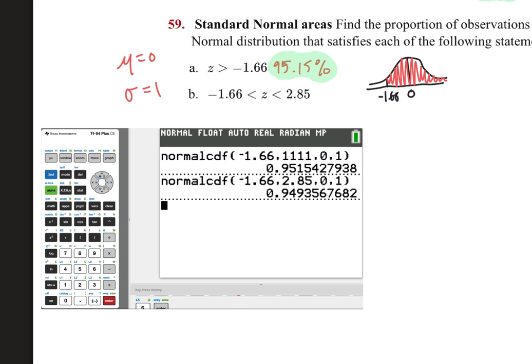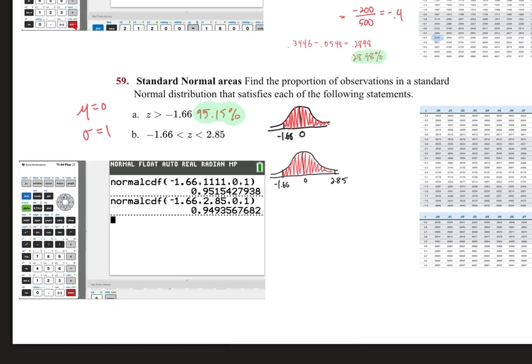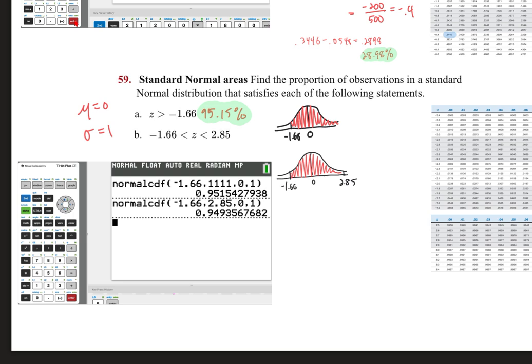So let's draw the graph for that one. Okay, so that's the area that we were finding. That's the percent that we were finding. And that was 94.94%.